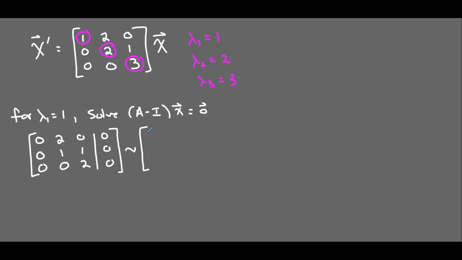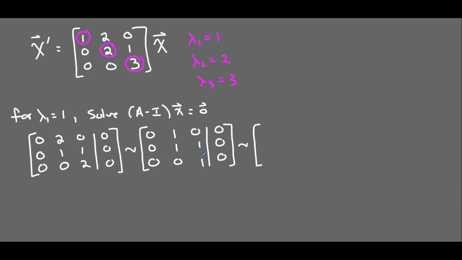This one's going to be fairly easy. If you ever get a column of zeros when you're row reducing, that column of zeros will never go away. So you can't get out of the zeros once it happens. I can divide the first row by 2 and the last row by 2, and I get 1 0 1, 0 1 0, and 0 0 1.